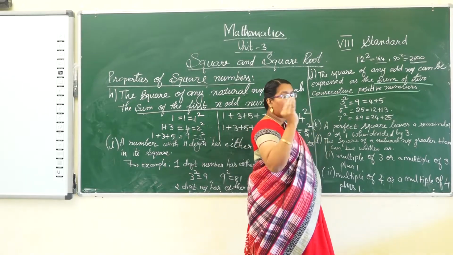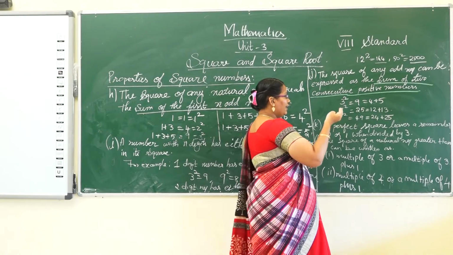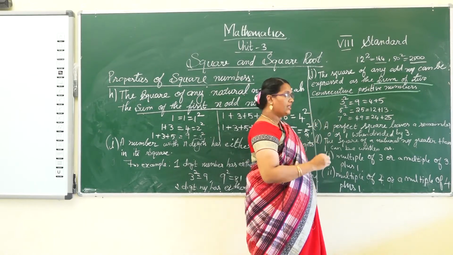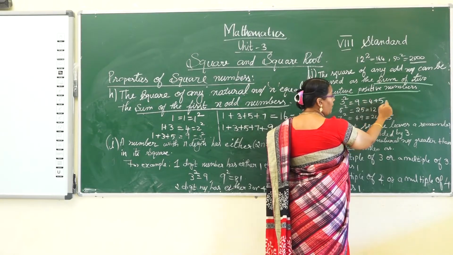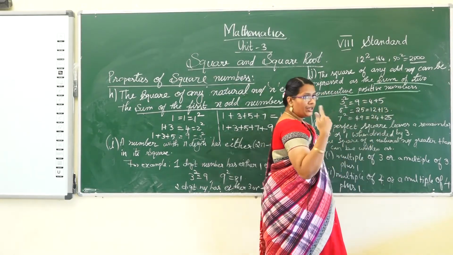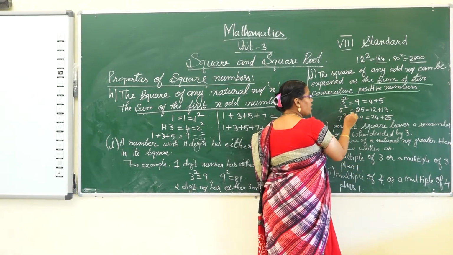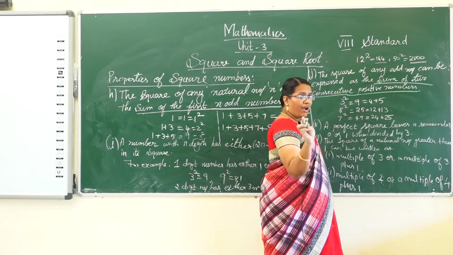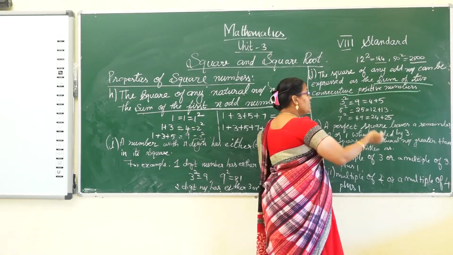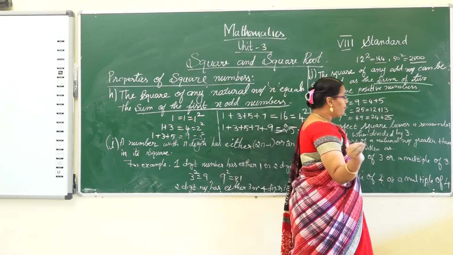When we add two consecutive numbers, we get the square of the value, that is what is given. So 3 square is equal to 9, which is 4 plus 5. 4 and 5 are consecutive terms. Then 5 square is equal to 25. 5 multiplied by itself: 5 5s are 25, which is 12 plus 13. 12 and 13 are consecutive numbers.